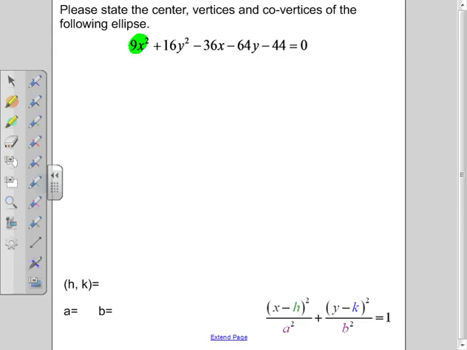If we have a 9x squared and negative 36x, maybe they can be grouped and manipulated to become this term right here. And maybe, if we notice that we also have this 16y squared term and negative 64y term, maybe they could be grouped and manipulated to become this term right here.